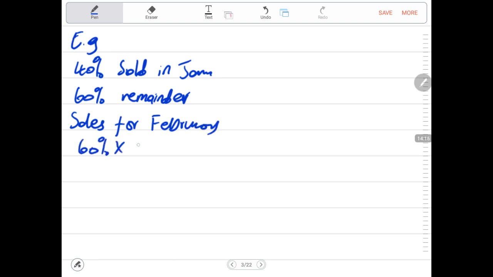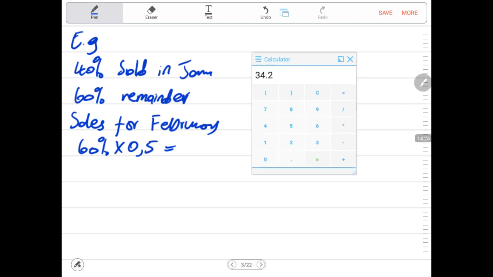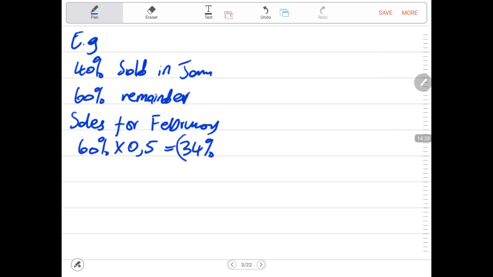How much percent did he sell? He sold 57%, that is 0.57, as a decimal, so 60 times 0.57. That means he sold 34.2%. I don't want to keep the decimal, I'll just round off to the whole percentage. So that means he sold 34% in February.